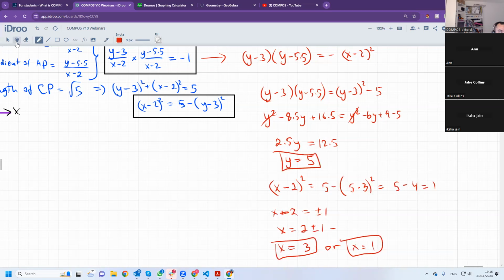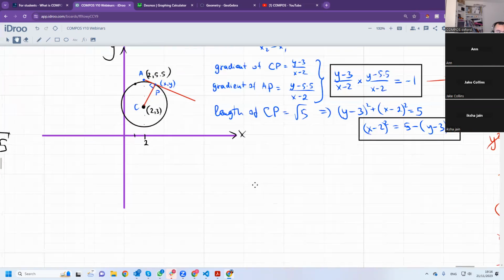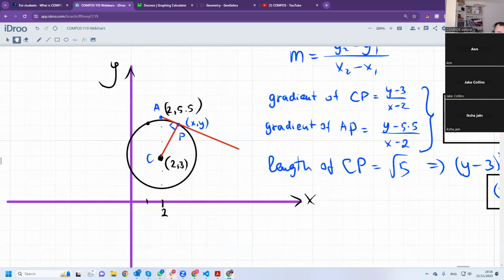Okay, so y is 5, full stop. So this point P is either 3, 5 or 1, 5.